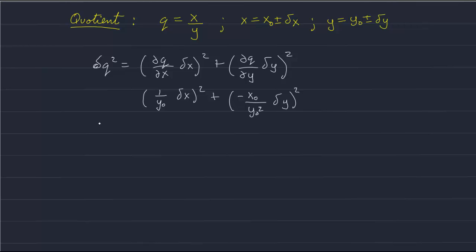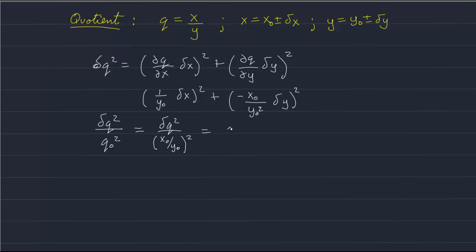And let's, again, like we did for the product, describe this in terms of a fractional uncertainty. So we're going to write the Q naught squared as x naught squared over y naught squared.